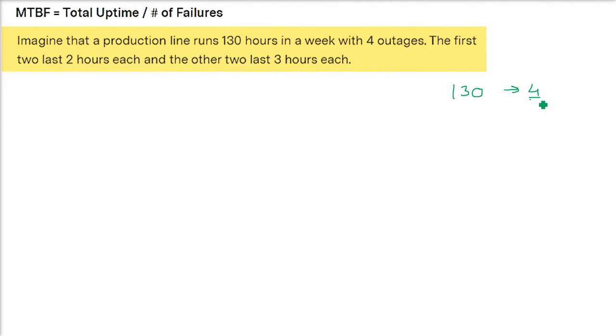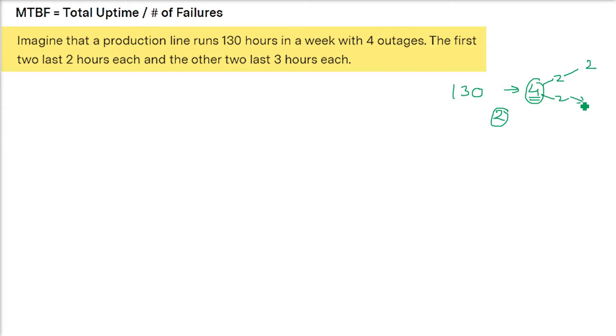The first two were down for 2 hours each. And the last two, that is the third and fourth one, they took 3 hours each.